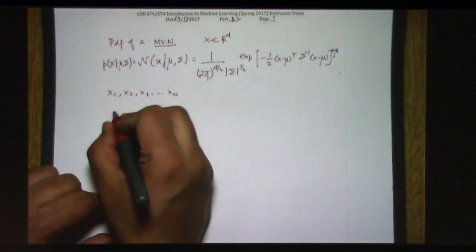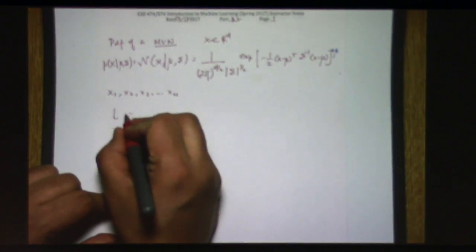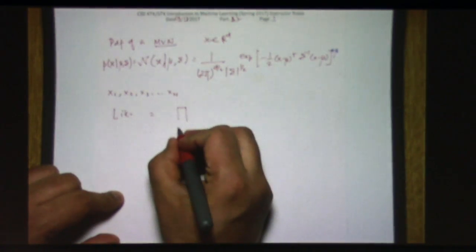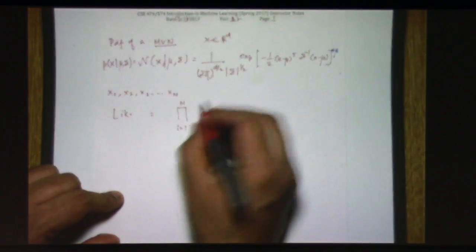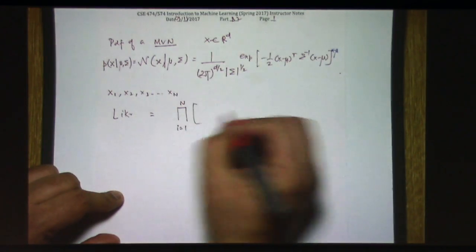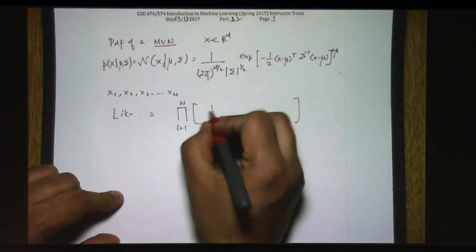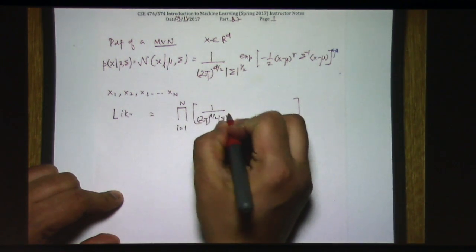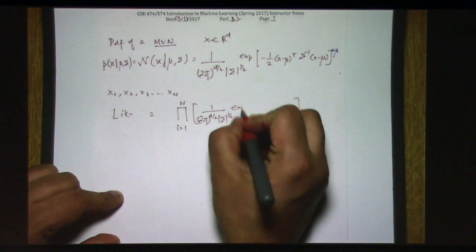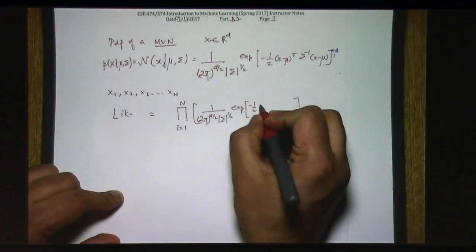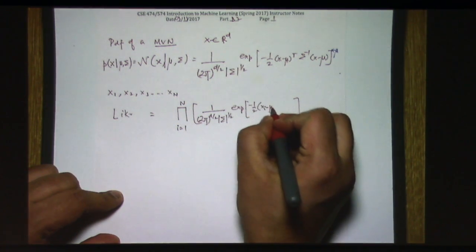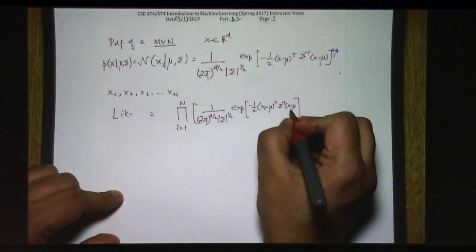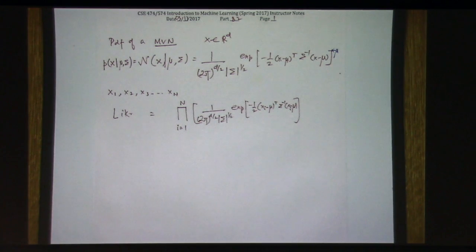I can compute the likelihood, which is equal to a product from i equal to 1 through n of this expression, the whole thing, exp, and everything will be the same except of course now we are computing it for every i, right? So this is the likelihood, right?